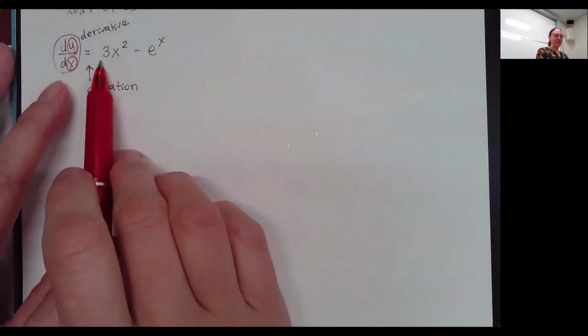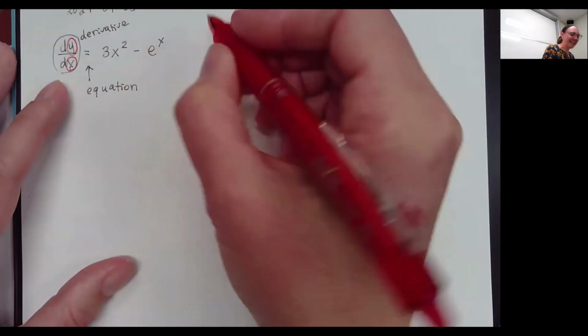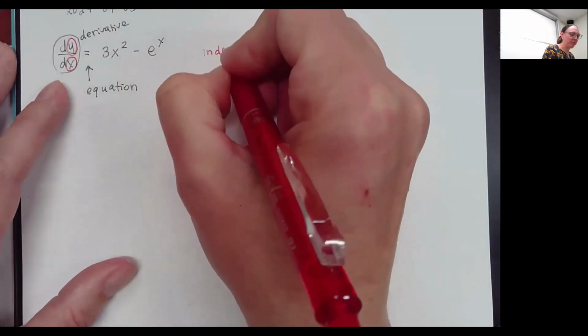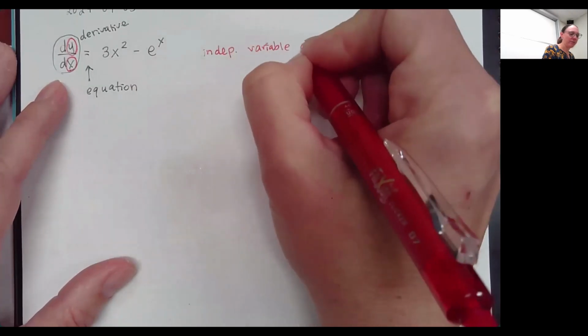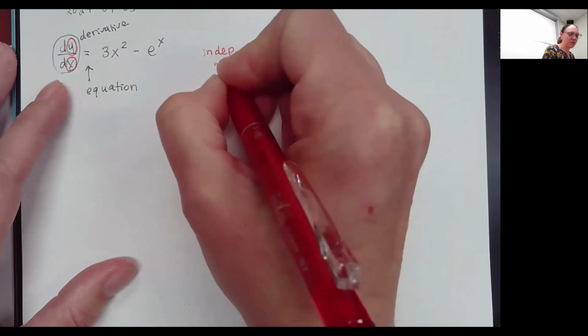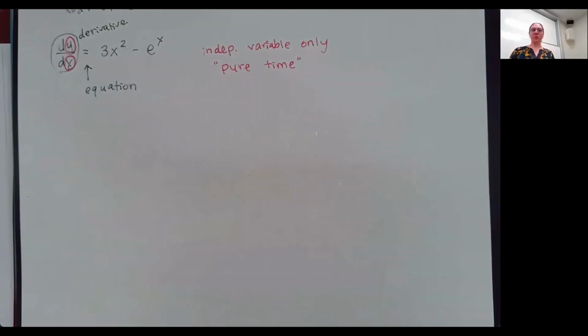If I look at the other side of this equation and it only involves my independent variable only, we call this pure time. We call it a pure time differential equation.